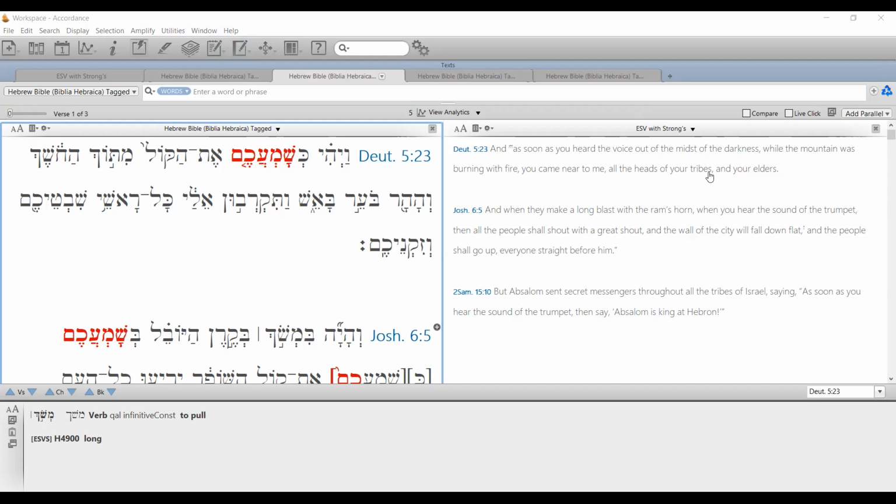Accordance Hebrew keyboard layout. Yes, I just found this document on the internet.